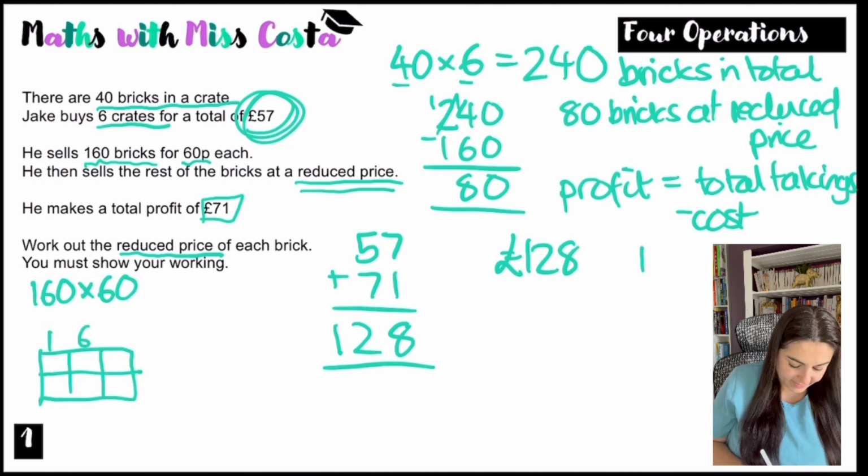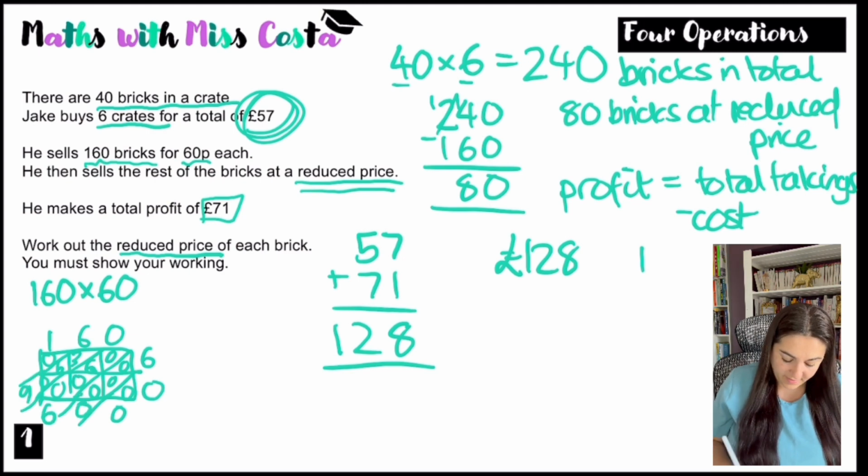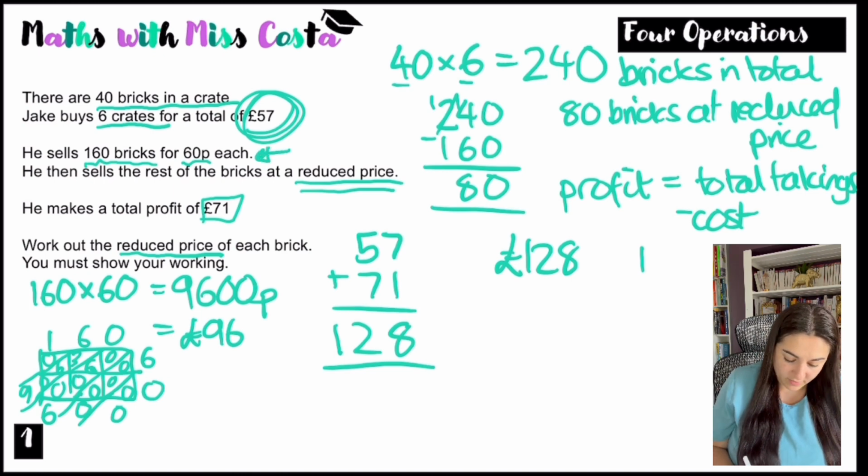So 160 times 60, fill it in like this. 0 times 6 is 0, 0 times 0 is 0, 6 times 6 is 36, 6 times 0 is 0, 1 times 6 is 6, and 1 times 0 is 0. So add along the diagonals, I'm left with 6, and then 3 plus 6 is 9, 9,600p, which is £96. So from those 160 bricks, he made £96.